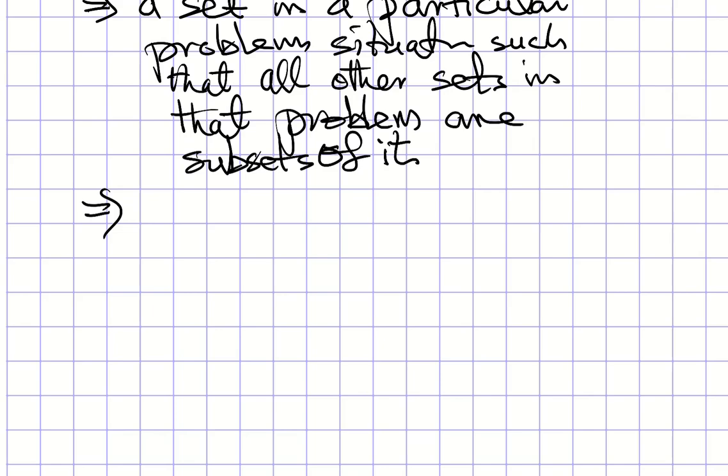No, that's not what that means. A lot of people confuse you with that. It's just a set that is problem specific. It's contextual, unique to each problem. Each problem has a universal set. The universal set for one problem may not be the universal set for another problem.